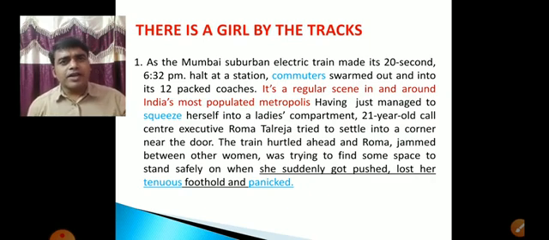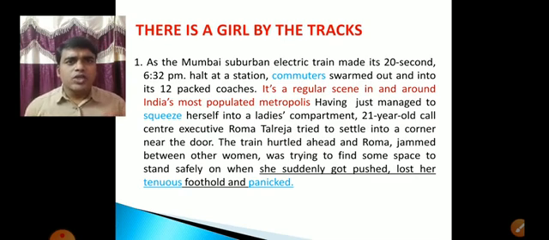Yes, the people getting into the compartment and getting down from the train, with the heavy, densely populated coaches, is the common scene referred to here.